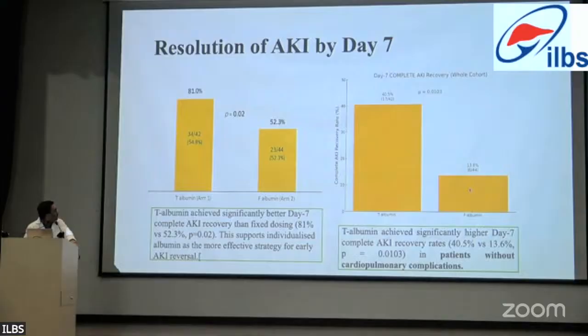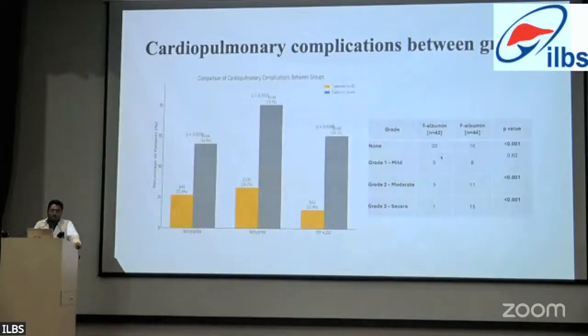And this number was 6 in the fixed dose albumin group, who don't have cardiopulmonary complication throughout their course. So among 23 patients out of the 86 have no cardiopulmonary discomfort during their treatment course.